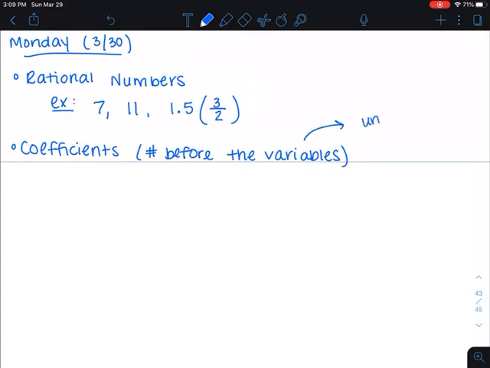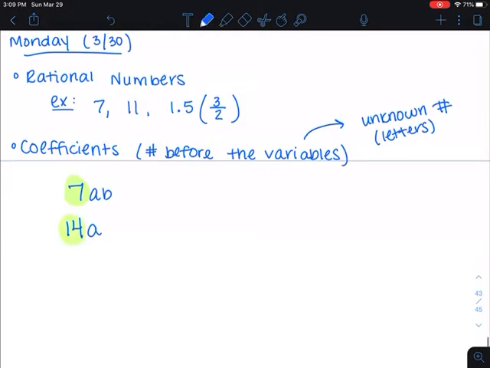And a variable is an unknown number represented by a letter. So if I have 7ab, the numerical coefficient will be the number before the variable, so it would be 7. If I had 14a, it would be the number before the variable, so it would be 14 in that case.